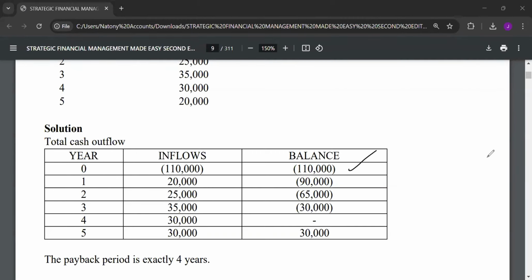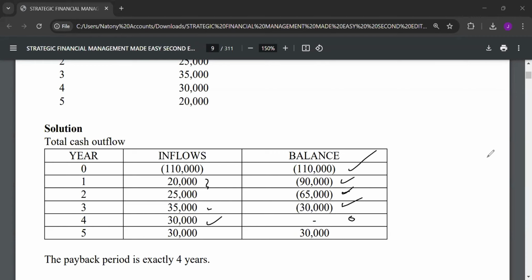But from the beginning of year one to the end of year one, you receive 20. So at the end of year one, this 110 will reduce by 20. You receive another 25, it reduces to 65. Receive 35, it is reduced to 30, and then this becomes 0.